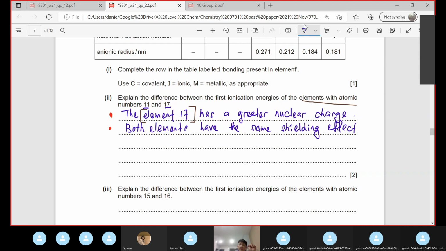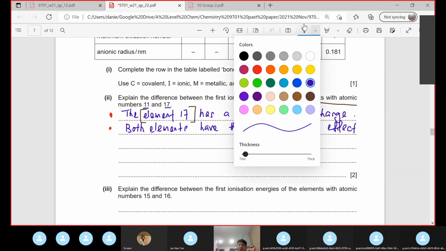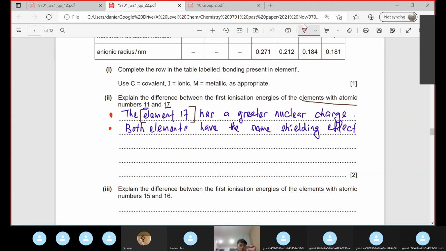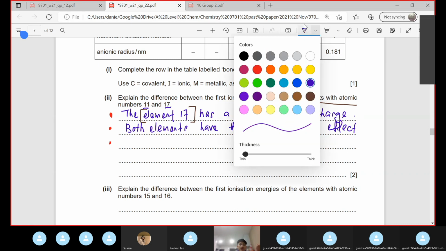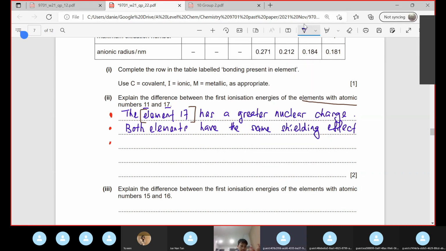Then the third point: first ionization energy is basically referring to the nuclear attraction.